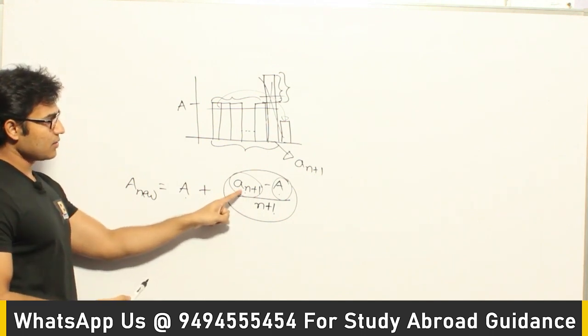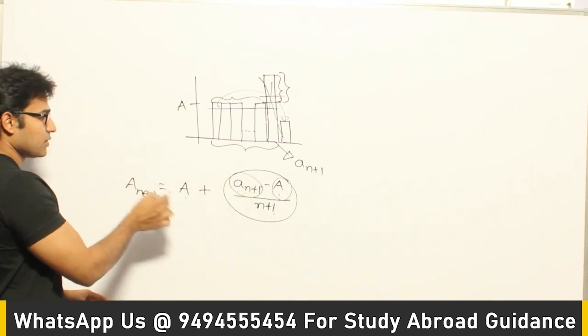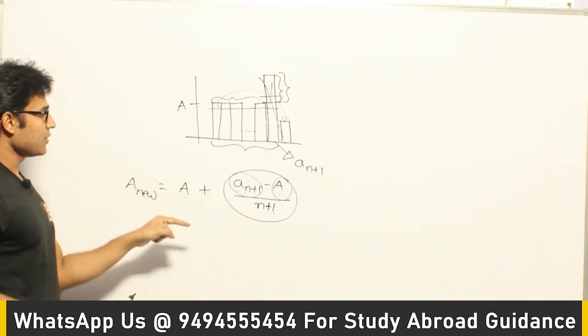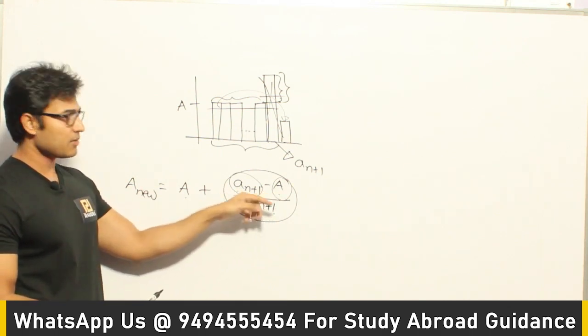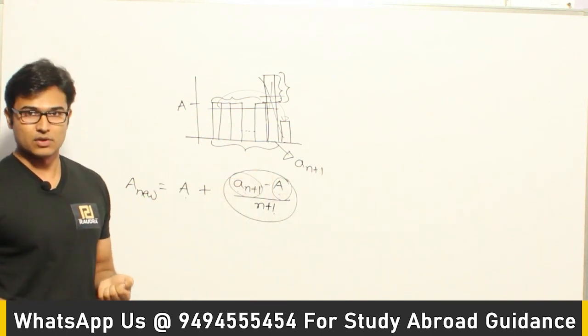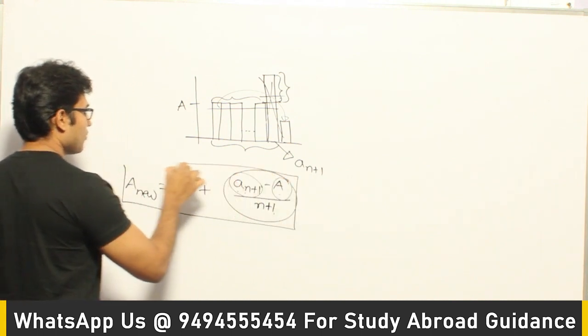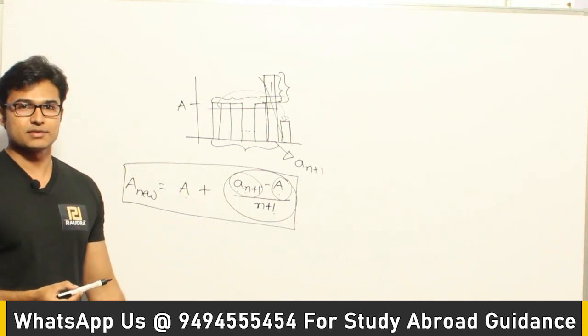In case you have added an element whose value is greater than the original one, the overall new average is going to increase because this entire term is going to be positive. In case you have added an element whose value is less than this, you are going to get a negative value and the new average is going to fall down. Got it? Okay.